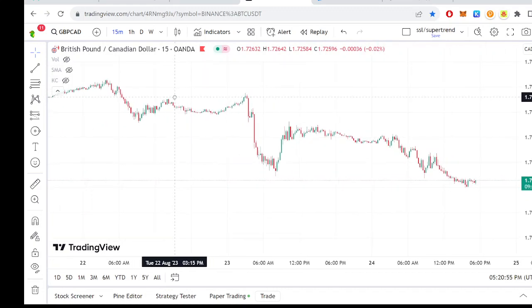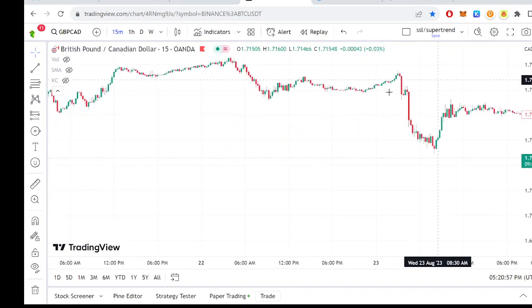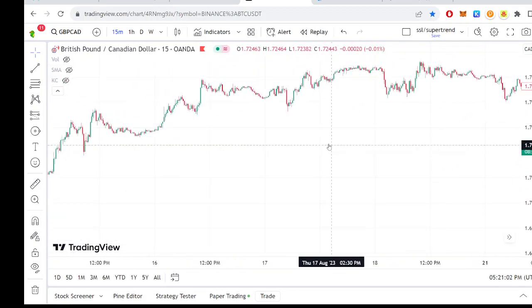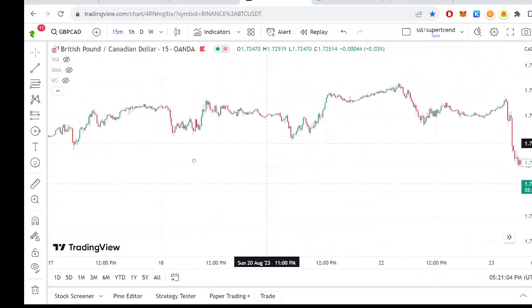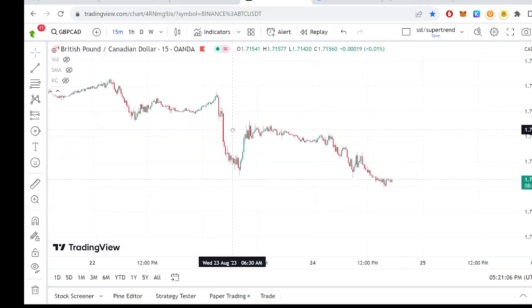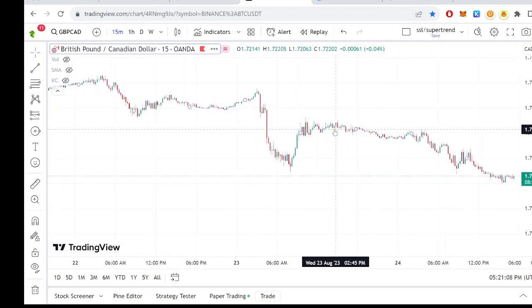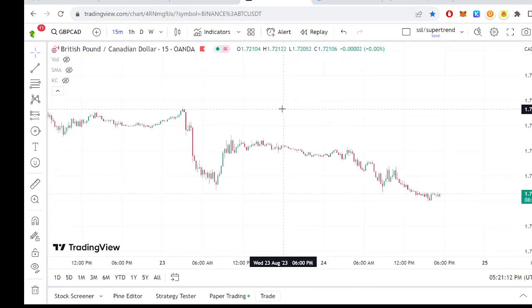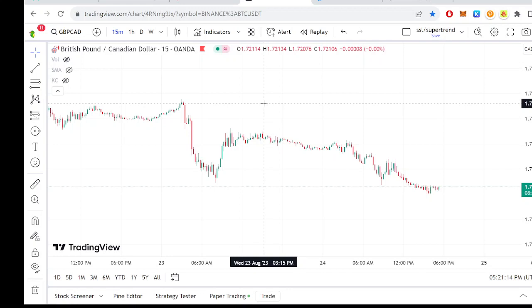Okay, so let's just look at the chart. I'm not hiding anything. It's a regular old chart. I happen to be looking at today's 15-minute chart. It doesn't matter, you could pick any chart, but I just happen to have this one set up.